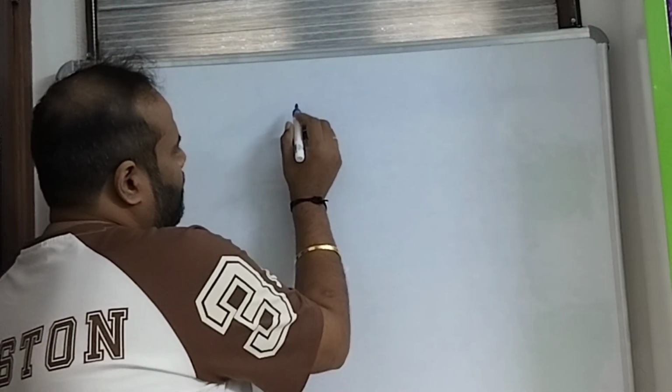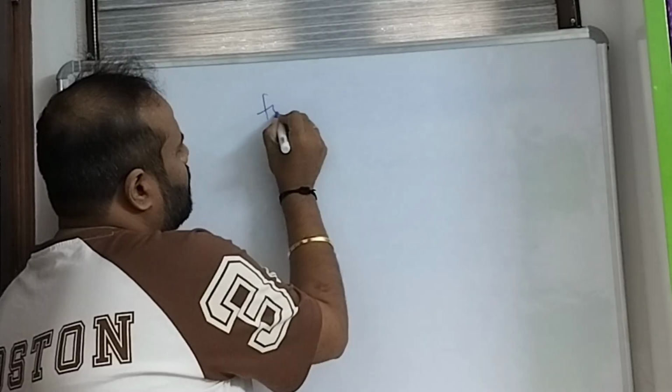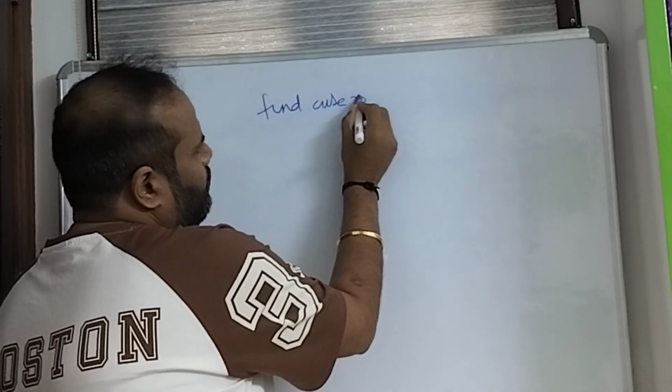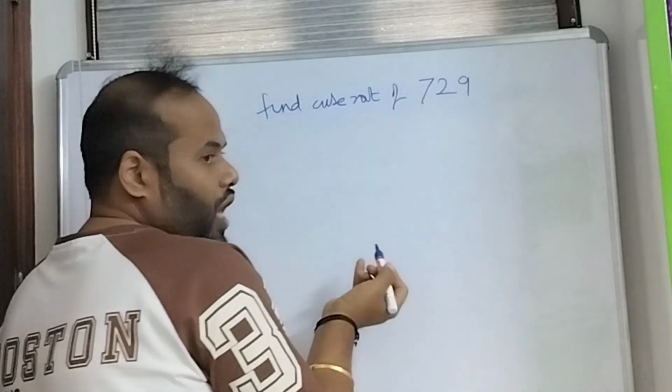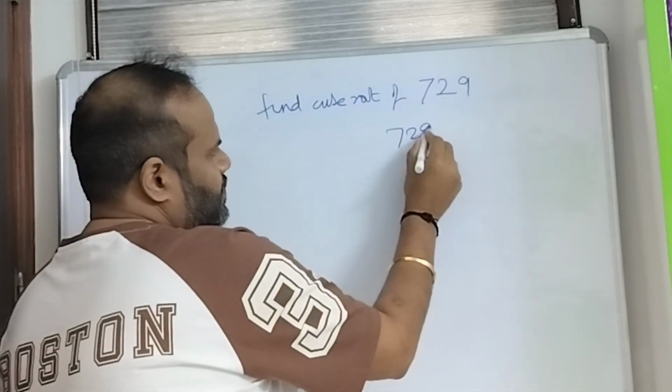For example, if I ask you to find out the cube root of 729, again we will factorize 729.